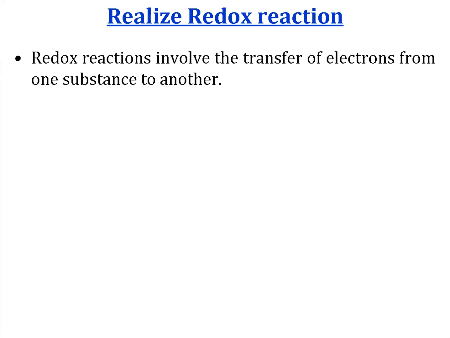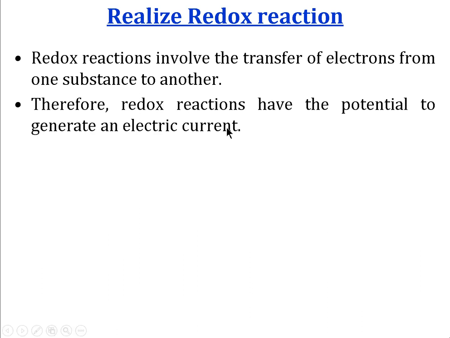The first is the oxidant, which has the capacity to gain electrons, and the second is the reductant, which loses electrons. Therefore, redox reactions have the potential to generate electricity due to the motion of the electrons in a wire.